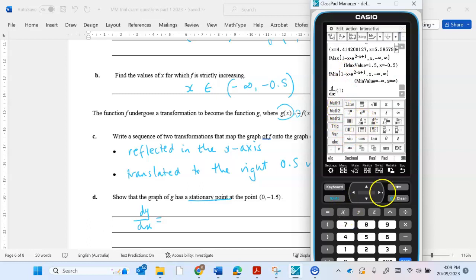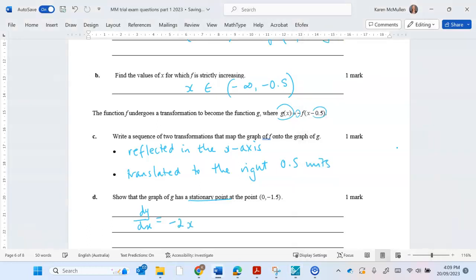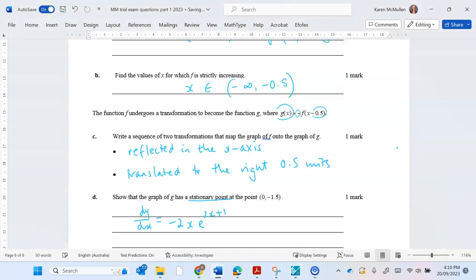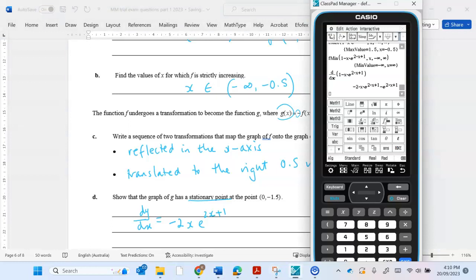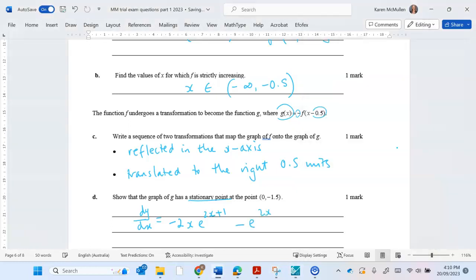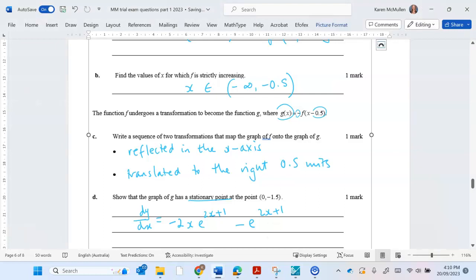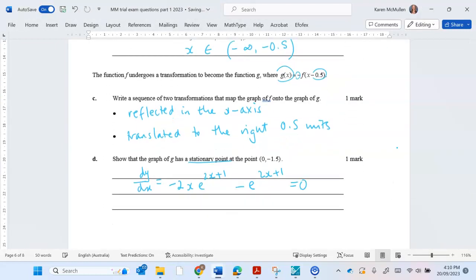So d/dx, and I can highlight this and drag it down. I'm going to go back and put it into standard mode. So negative 2x, 2x plus 1, minus e to the power of 2x plus 1. Just double check that I've written it down correctly. And then we're going to let that equal 0.